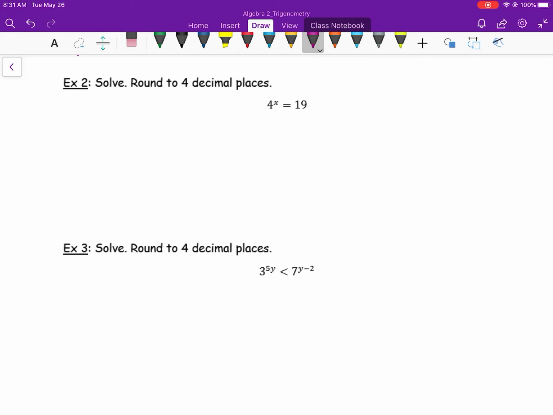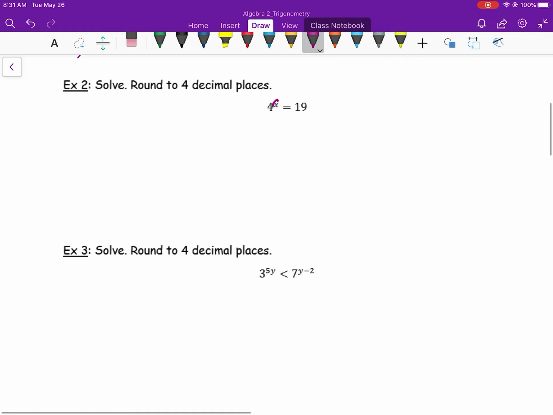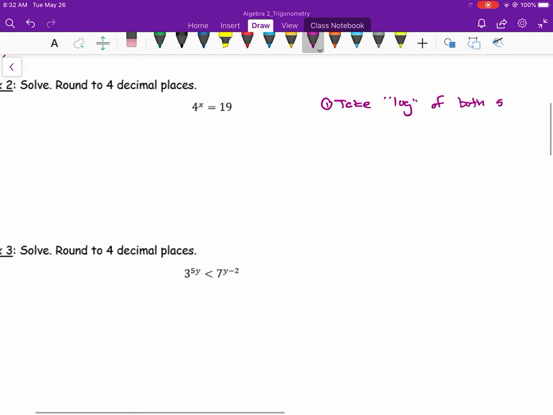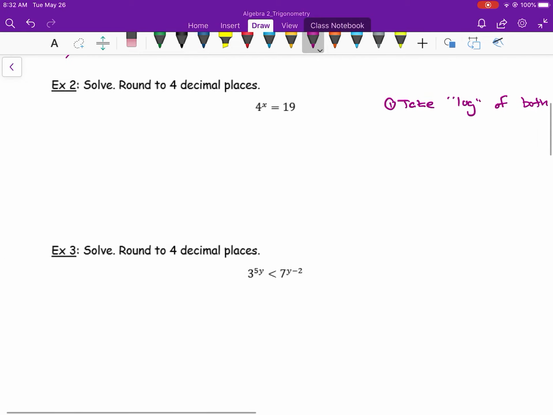Now having common logs, we know how to solve exponential equations where the variable is the exponent. To solve these, we take the common log. So step 1, you take the log of both sides. You get log of 4 to the x is equal to log 19.